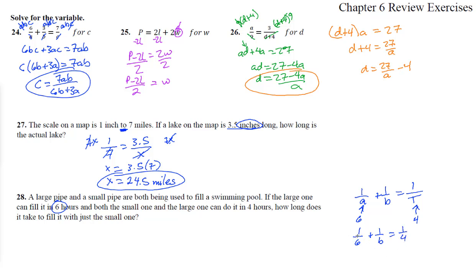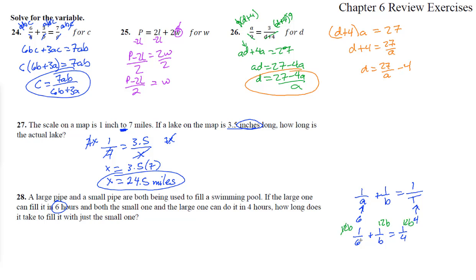And you could take 1/4 minus 1/6 and then the reciprocal, but since we're in this section, we'll do it by multiplying through by the least common denominator, which is, let me see, 6 and 4 both go into 12, so it's 12b. 12b, 12b.